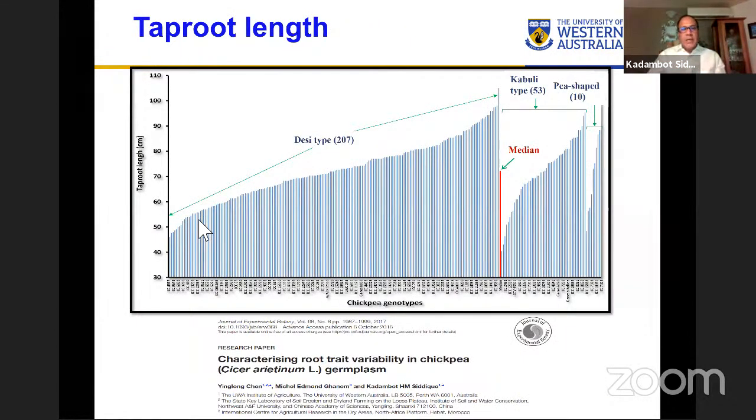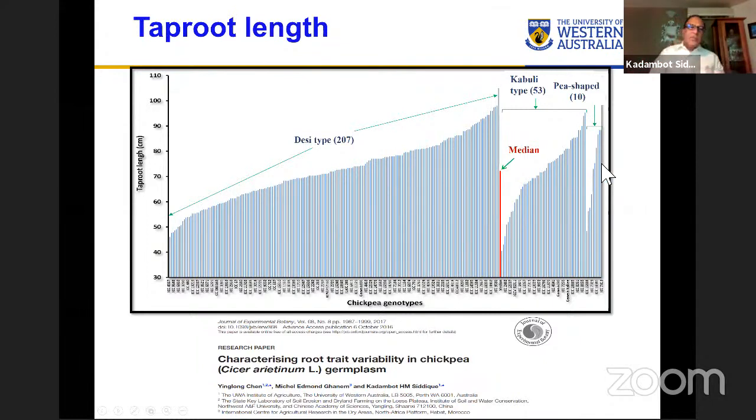So from the same study, just to show you the taproot length, with the genotypes on the x-axis, and this is the Desi type, which you all know, Desi chickpea. Huge variation from here to there. And we had a smaller set in the reference collection, only 53 to 55 Kabulis. Again, in the Kabulis, we can see the difference. And the pea-shaped or intermediary between Desi and Kabuli, a smaller number, but again, variation.